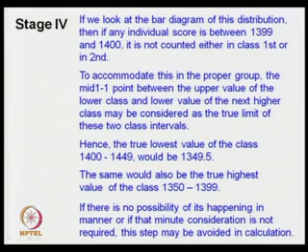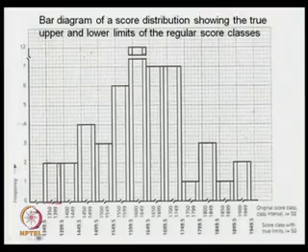To accommodate this in the proper group, the mid value between the upper value of the lower class and the lower value of the next higher class may be considered as the true limit of these two class intervals. That we have just now seen through this graph.